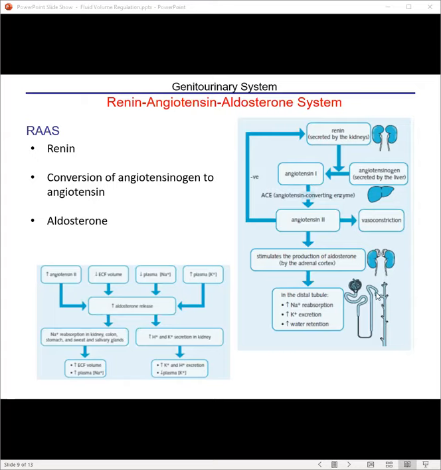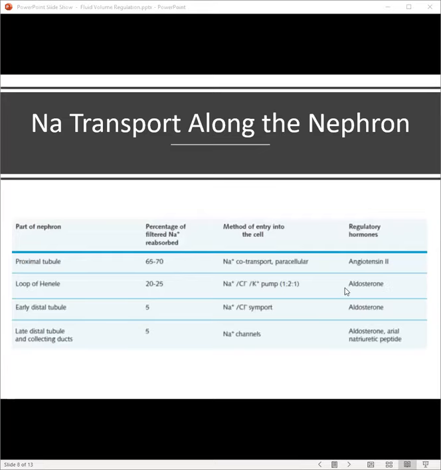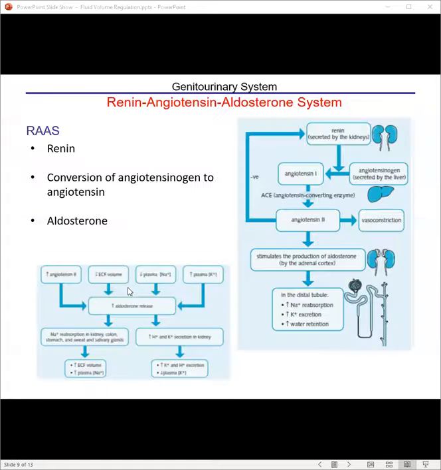And of course, the final effector hormone is aldosterone, because aldosterone, as we have seen in the previous table, controls a lot of the segments in the nephron that have something to do with sodium reabsorption and fluid volume reabsorption.